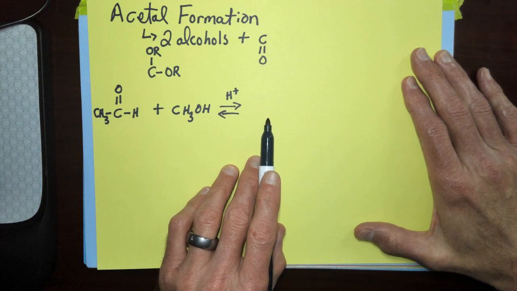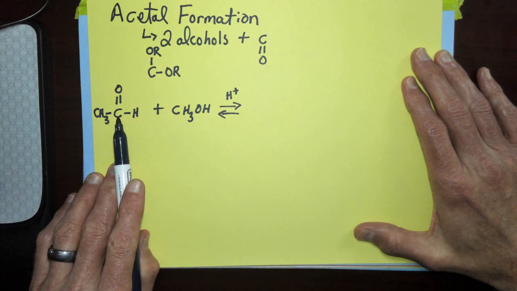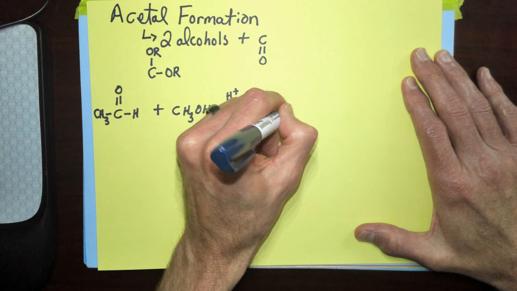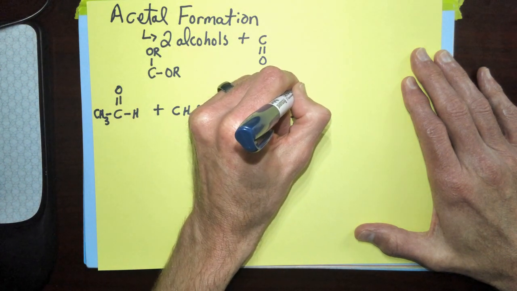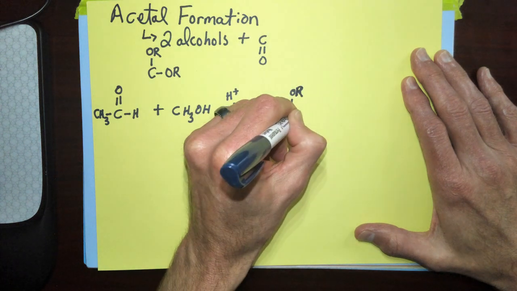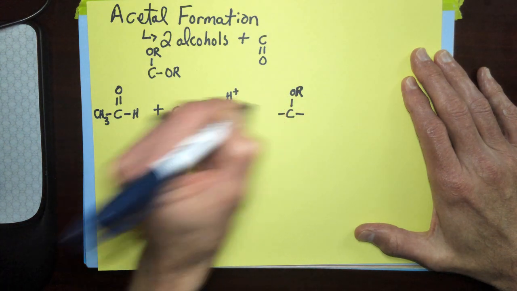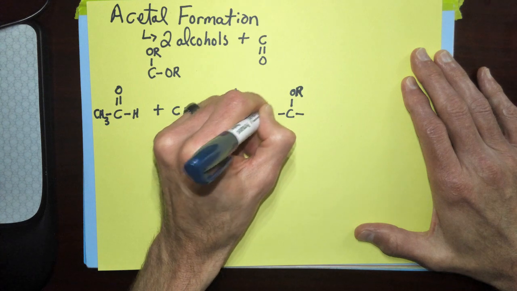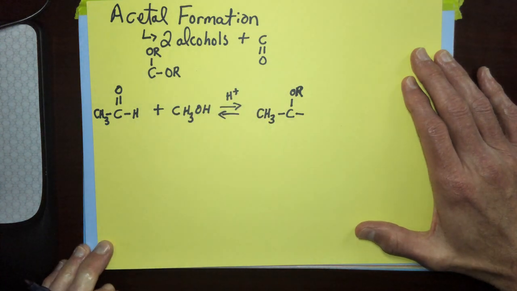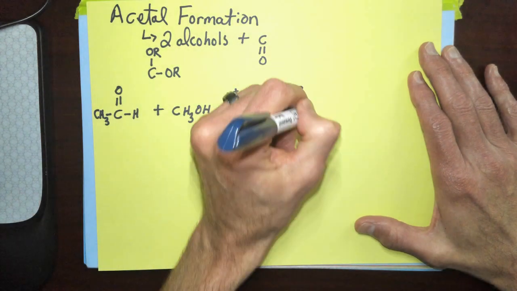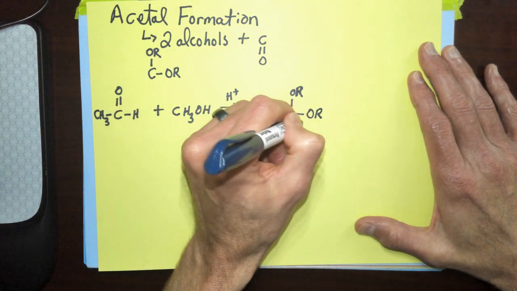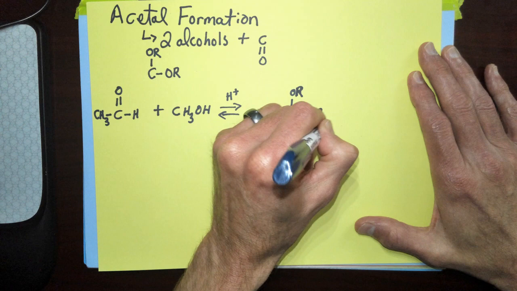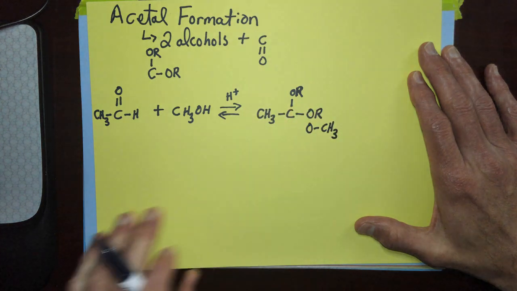So we have this initial carbonyl. Now it would have an OR, still has that CH3 there, and it would have the OR here, which is that O with the CH3 from the methanol.